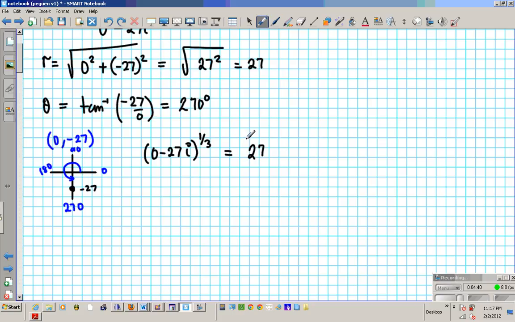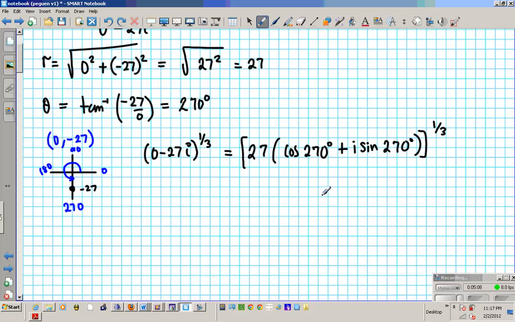Let's write it in polar form first. 27 cosine, 27 cosine theta, which is 270 degrees, plus i sine 270 degrees. So we're getting the equation prepared to use the formula. So this is the polar form of this based on what we just found.